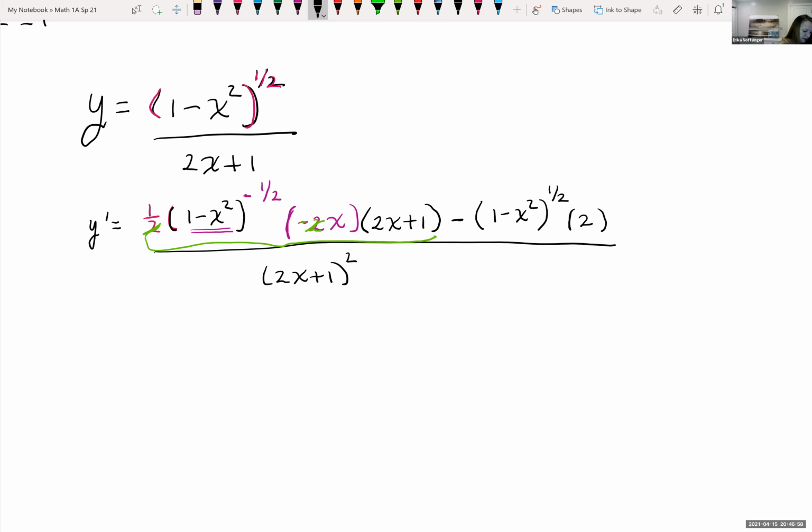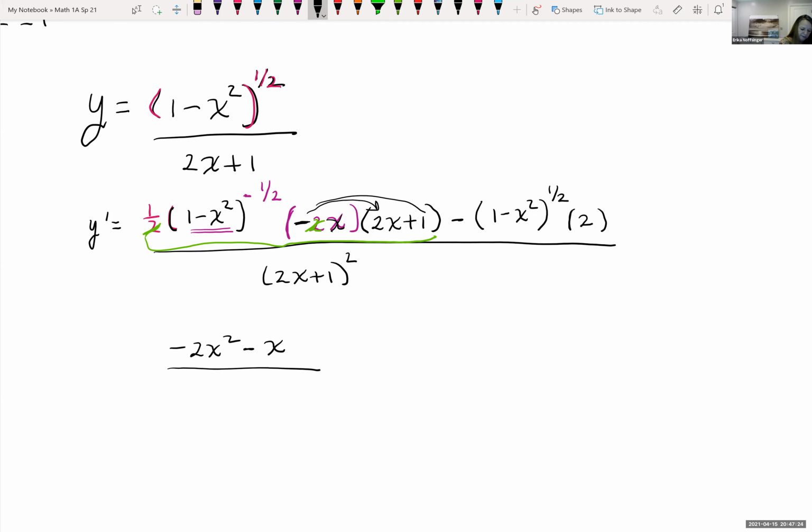While we do this, and this is a negative, let's distribute -x to each term in here. And so that would give me -x times 2x. So that's going to be a -2x squared. I have a -x times this +1, so this is just -x.